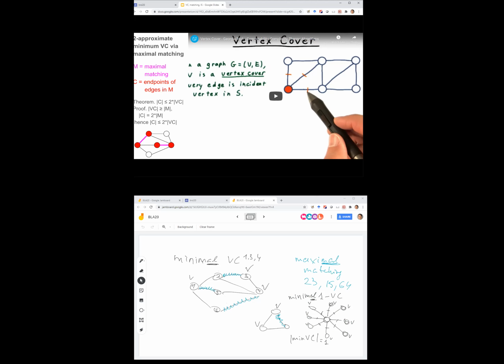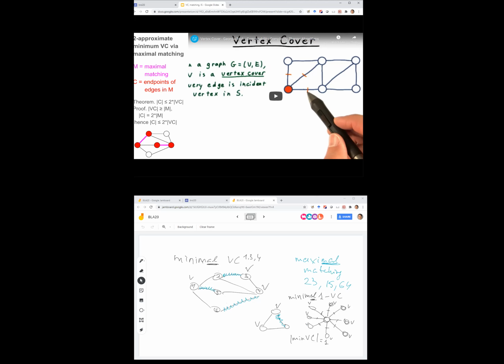Okay, so minimal not only doesn't give you the minimum, but can also be arbitrarily bad in comparison to the minimum. The situation with maximal matching is slightly better. You can prove that maximal matching always gives you a true approximation to the maximum matching.